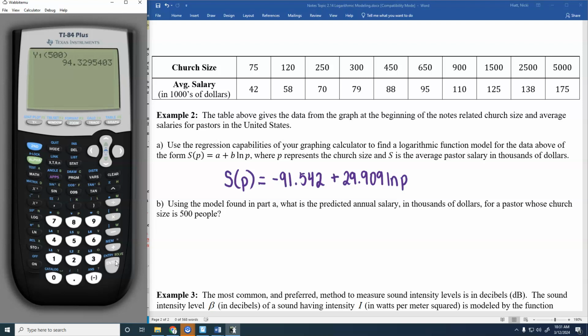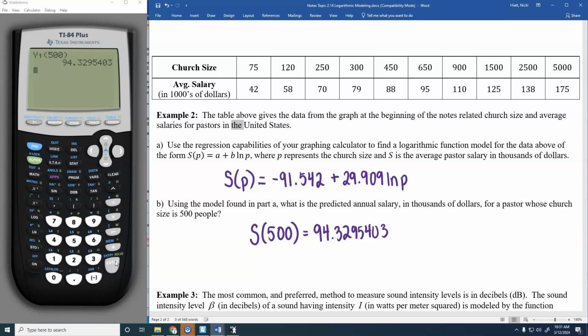When you do that on the calculator, if it is a calculator problem, it is my understanding you don't have to show any work for this. All you need to write is S of 500. Don't do Y1 of 500 because that is calculator notation. Not everybody has the same calculator, so they're not going to accept that. You're going to do S of 500 equals, and then just put what you get, 94.3295403.